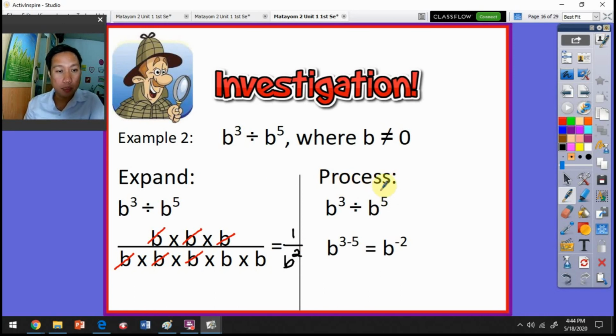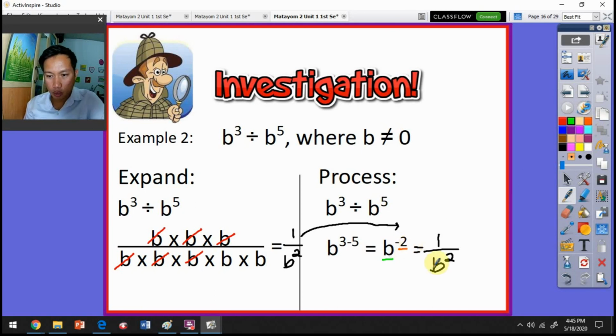Now, to the process part, b to the power of 3 divided by b to the power of 5. See, we subtract the exponents if they have the same base. 3 minus 5 equals negative 2. Now, we put this one as the result, 1 over b squared. Let's look at the base. The base is b. The exponent is 2.